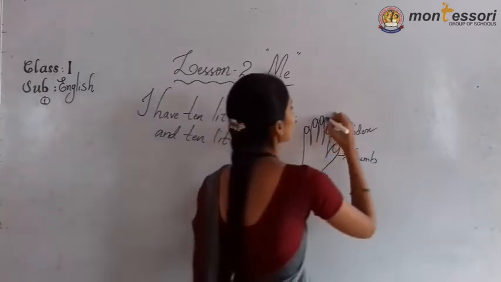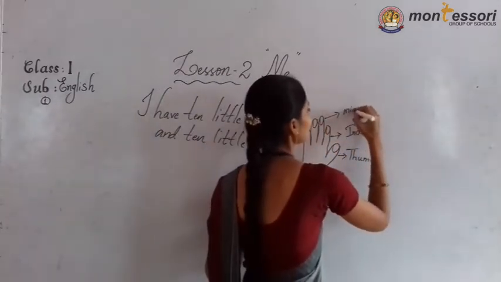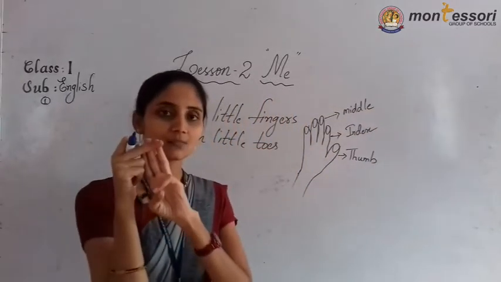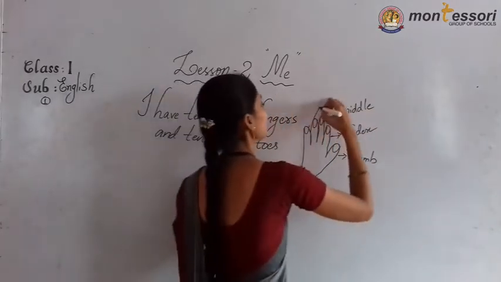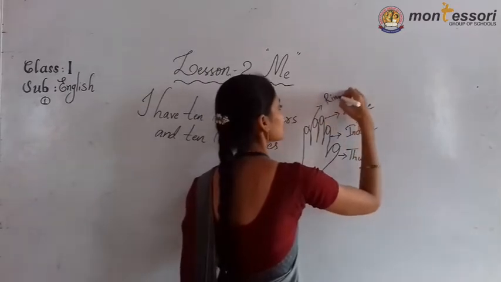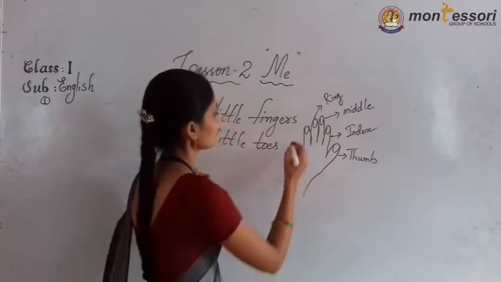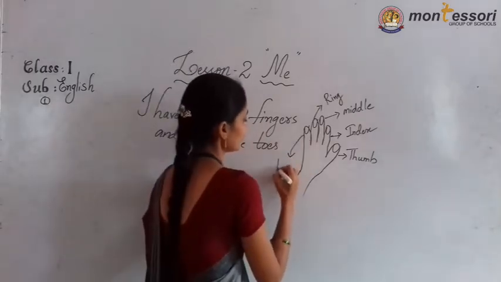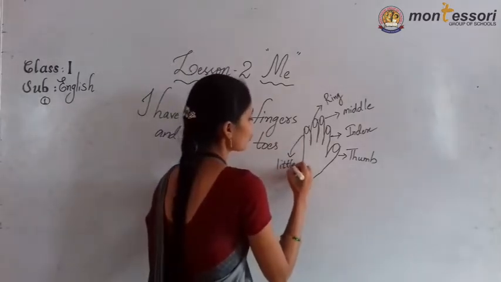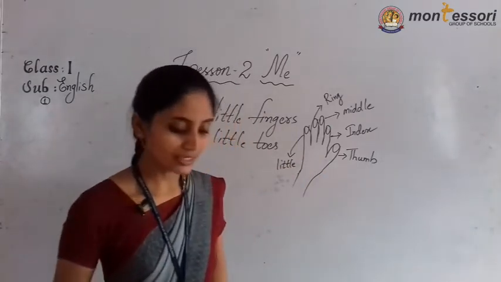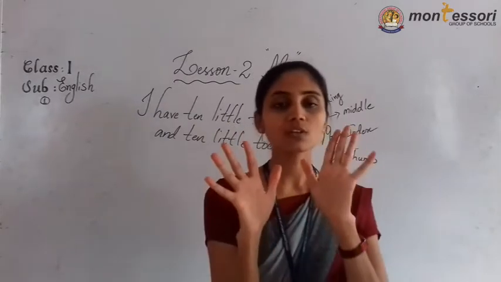It is middle finger. Next, this is ring finger. Next, it is little finger, small finger. So, totally how many fingers we have?